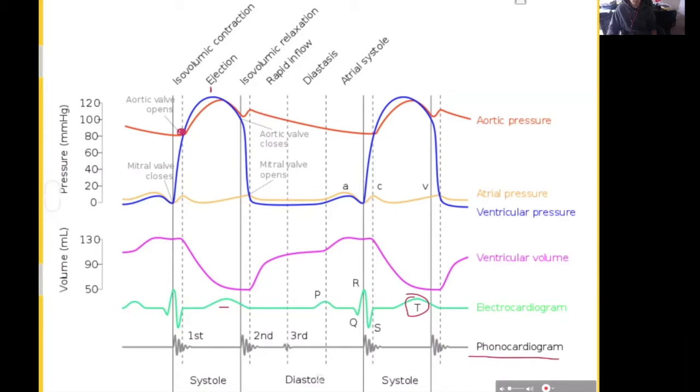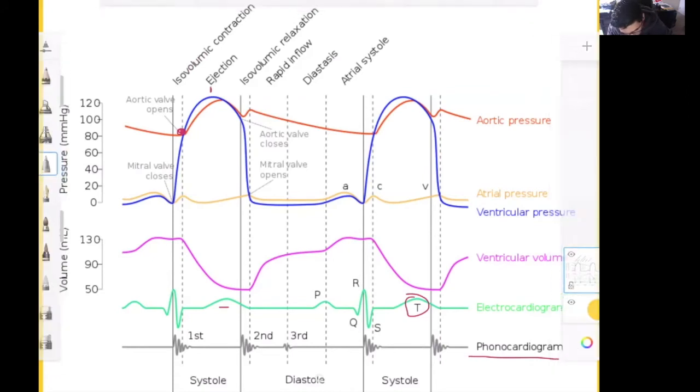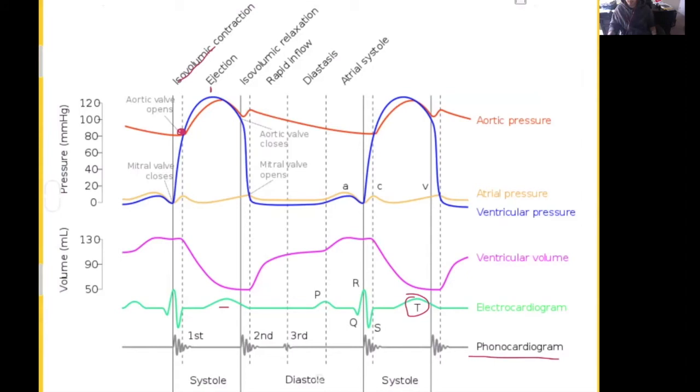Okay, so we said we started off with systole, right? This is where our mitral valve was closed once the pressure in the ventricle was built up. At the start of it, we talked about our isovolumetric contraction. I went over this in our PV loop video, but basically isovolumetric, or isovolumic, means there's no change in volume, and that's exactly what we see right here.